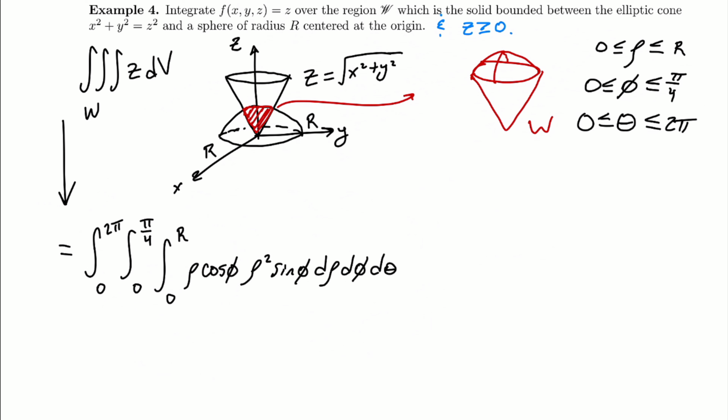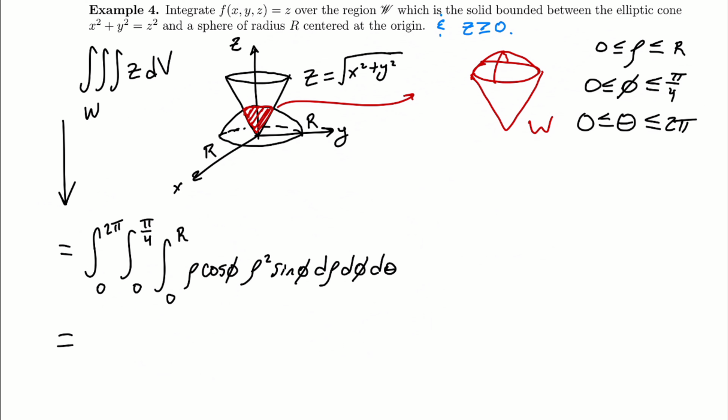So that's the integral setup, and for many of these, not all of them, but for a good number of them, we may ask you to just set up the integral, because as you all should have now experienced, setting up the integral is the harder task than integrating it.